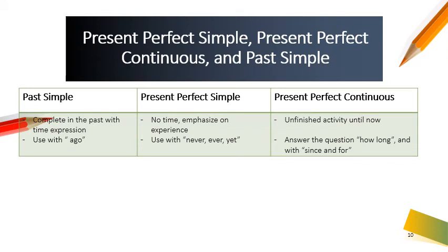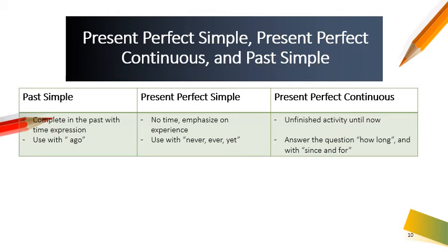But for present perfect simple, you also express an activity that happened in the past, but you don't want to put the exact time that it happened. You just want to emphasize the activity only. You want to show your experience only. And normally, we can use it with the words never, ever, or yet.